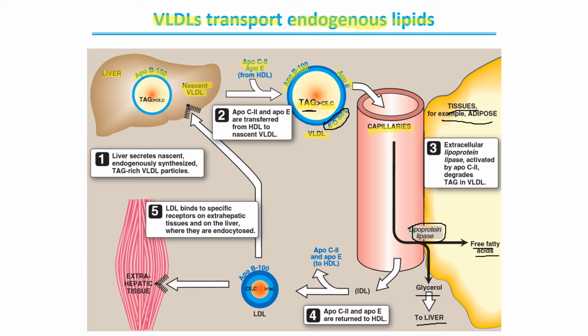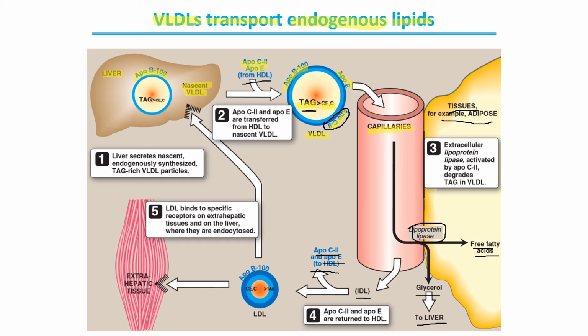After the breakdown of TAGs, this molecule comes out of the blood and is known as IDL or intermediate density lipoprotein. Then it gives away two proteins. So the two that it took from HDL, it gives both of them back this time. So a little bit difference from the chylomicron, in which it only returned one.